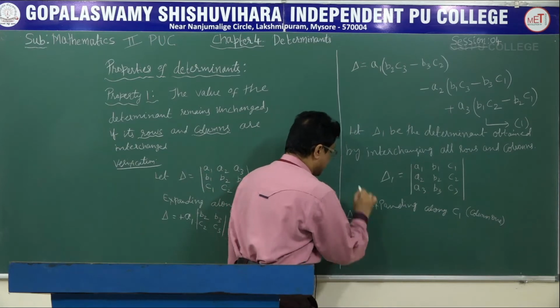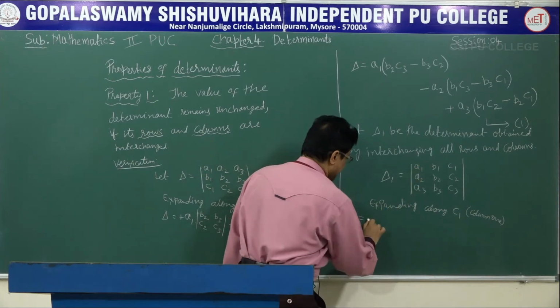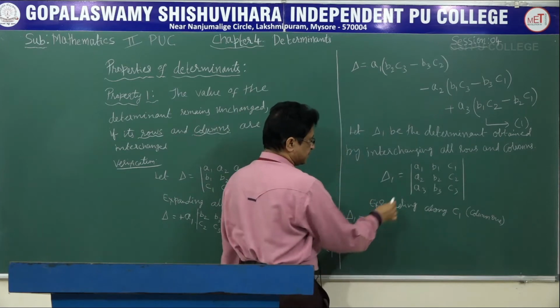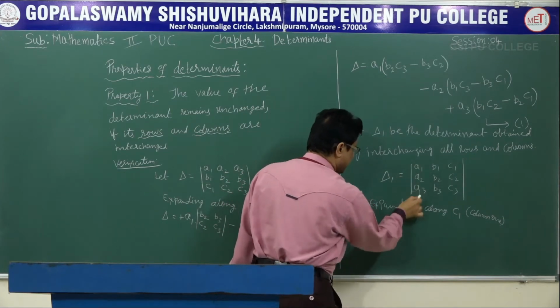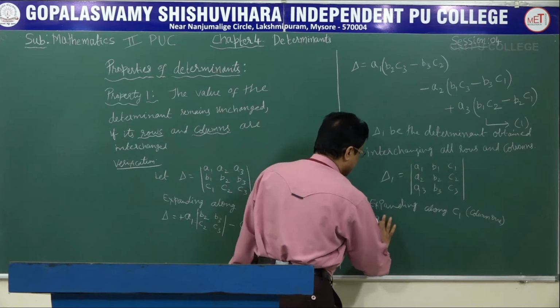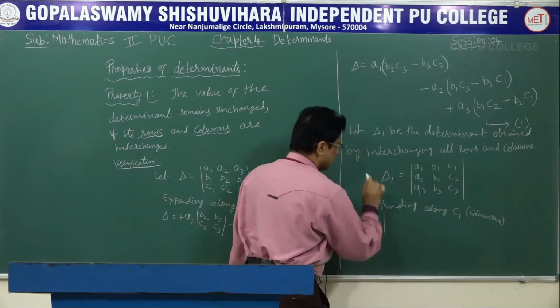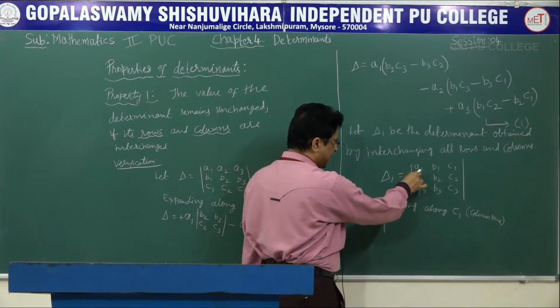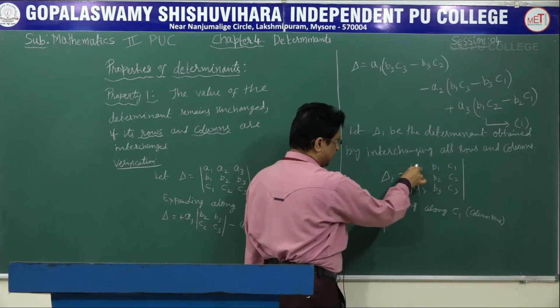So delta 1 is equal to, first we write plus. Next, first element of the first column is A1. A1 into determinant of, so A1 lies in the first row and first column.